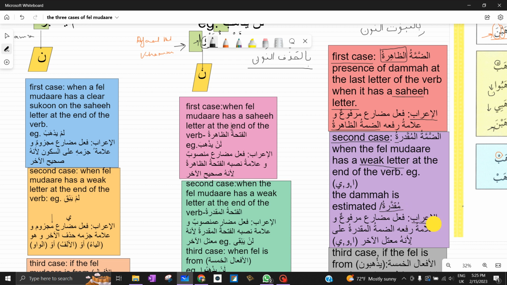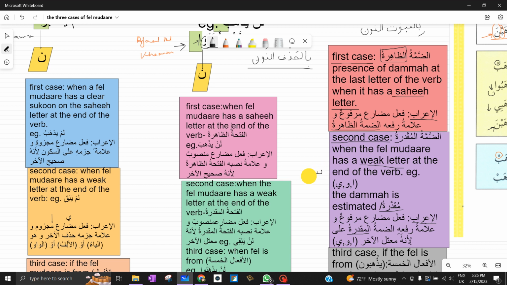The i'rab for this kind of fail will be fail mudare marfu'un wa alamatu raf'ihi ad-dammatu al-muqaddaratu ala لأنه معتل الآخر. I think I missed alal, for example, alal waw or alal alif or any verb, for example yabqi.